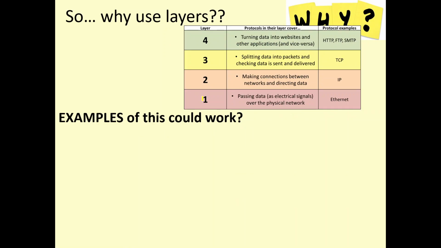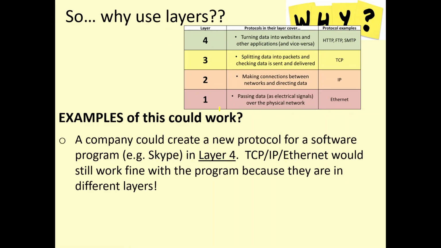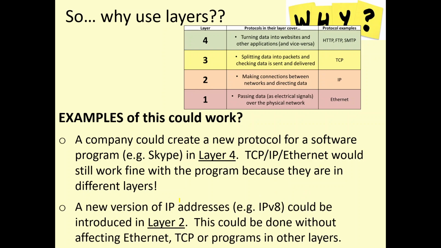Okay, an example of this could be, for example, a company could come up with a new type of communication device or protocol that works in layer 4, and the other layers would still work with it. Or, like we looked at a previous time, a new version of IP addresses could come out, IP version 8, and you could change that in layer 2 without affecting any of the other layers.